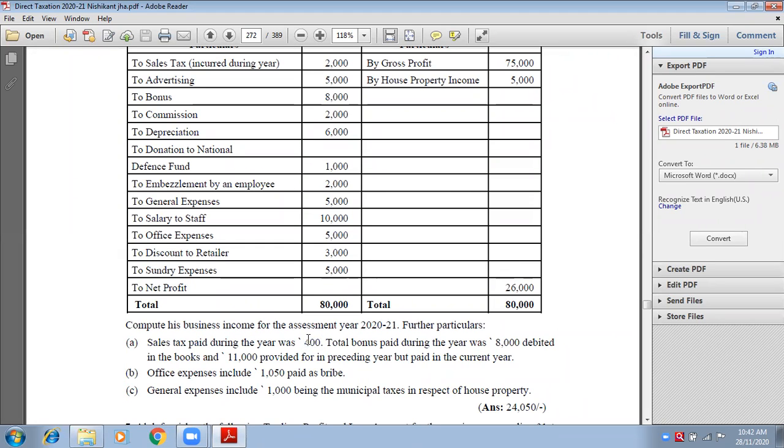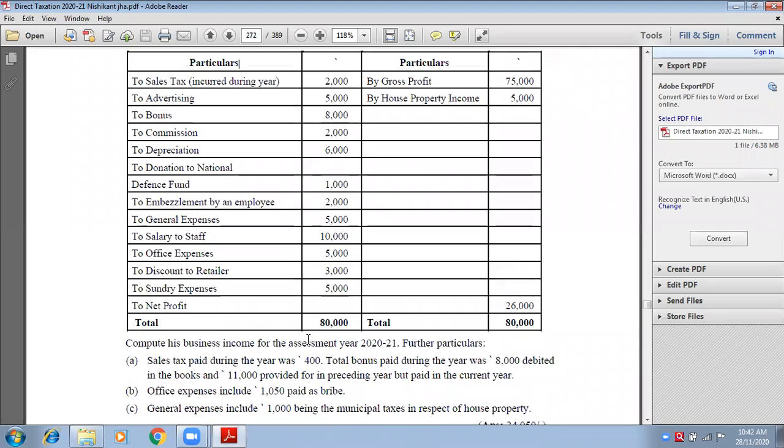Let it be in the P&L. But in the P&L it is 2000. Out of 2000, 400 is okay. The amount that is not okay is 1600 rupees. So that has to be taken out.